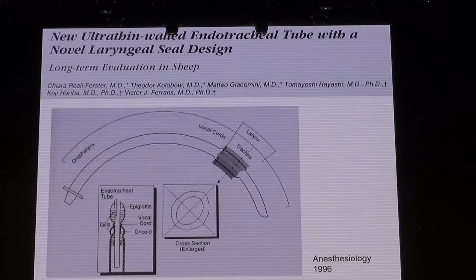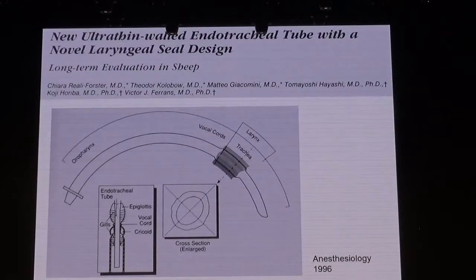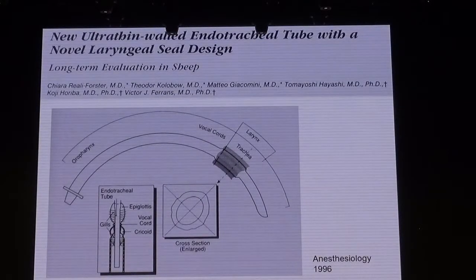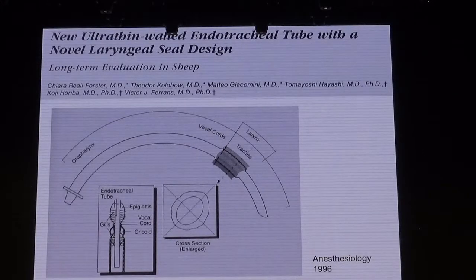And this, I think, is a shift in concept, trying to use an absence of cuffs. This is also another design from Kolobow, the ECMO inventor, which I think is a very nice idea. It is made of polyurethane membranes.